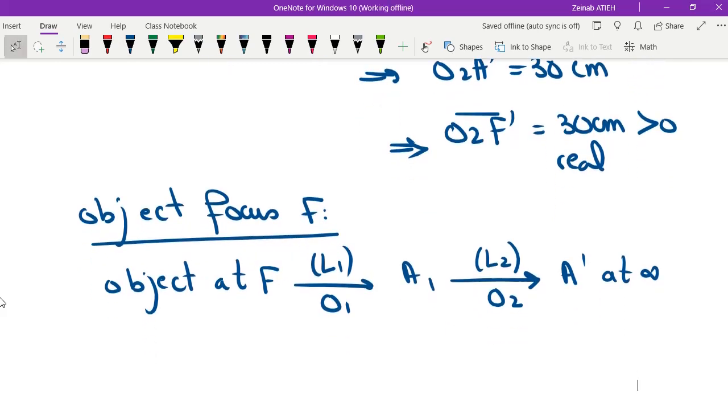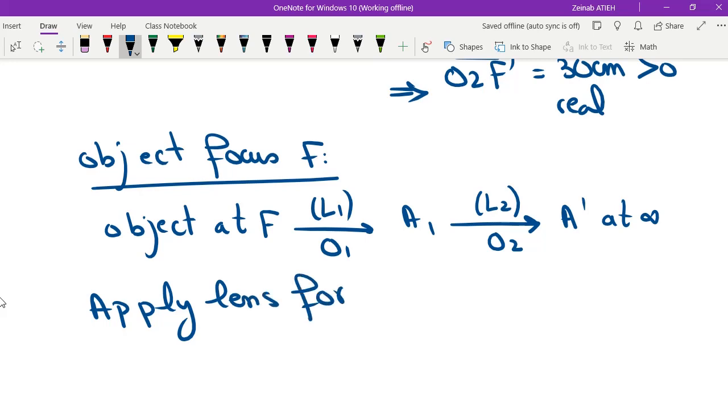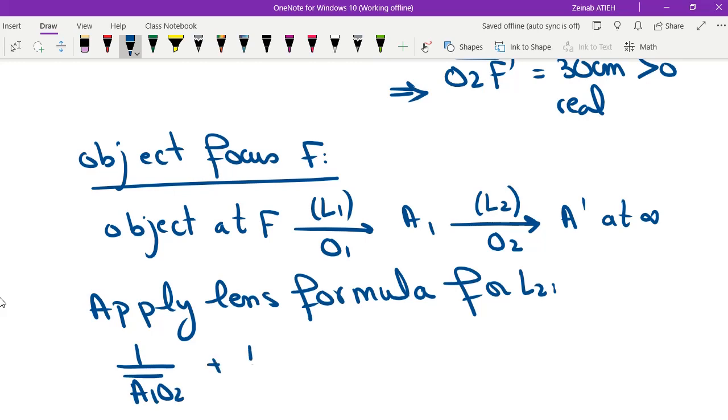Now I want to find F. I have A prime at infinity. From A prime I find A1, and from A1 I find F. So I will apply the lens formula for L2 and then the lens formula for L1. For L2: 1 over A1O2 plus 1 over O2A prime equals 1 over F2.